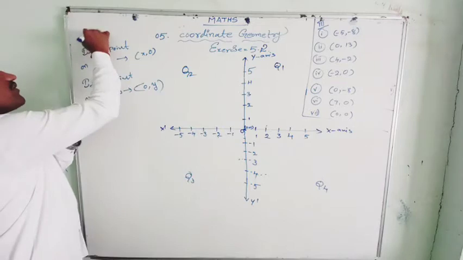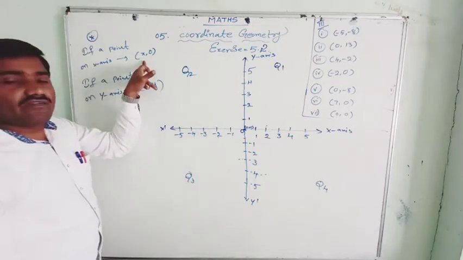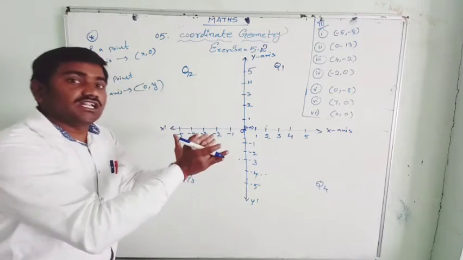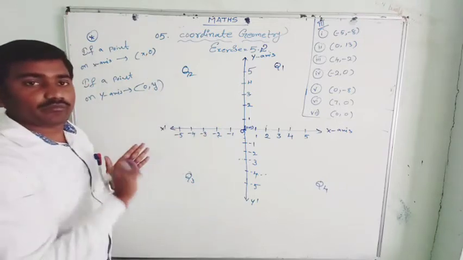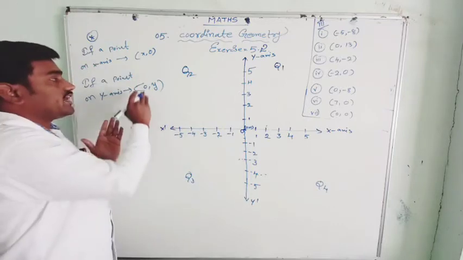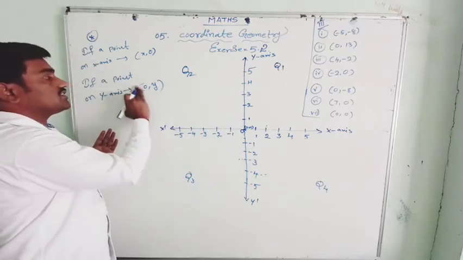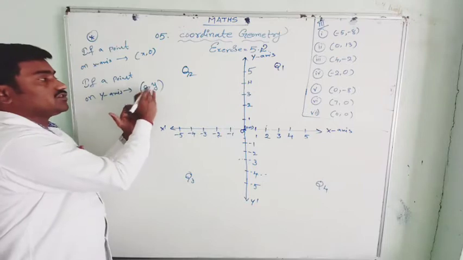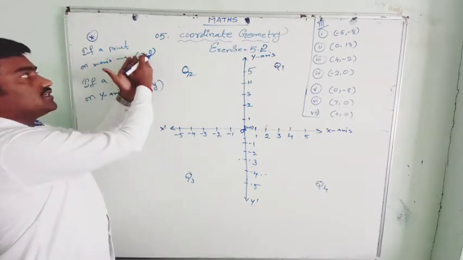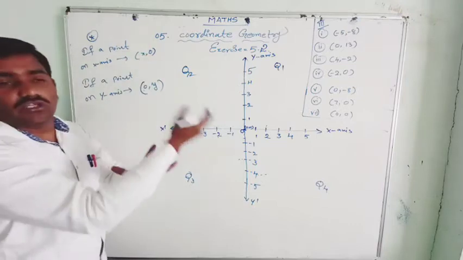Remember, if a point is to lie on the x axis, then the y value should be 0. And if a point has to be on the y axis, then the x coordinate should be 0. That's why I said that here the x value is 0 and y is some number, and here x is some number and y is 0.